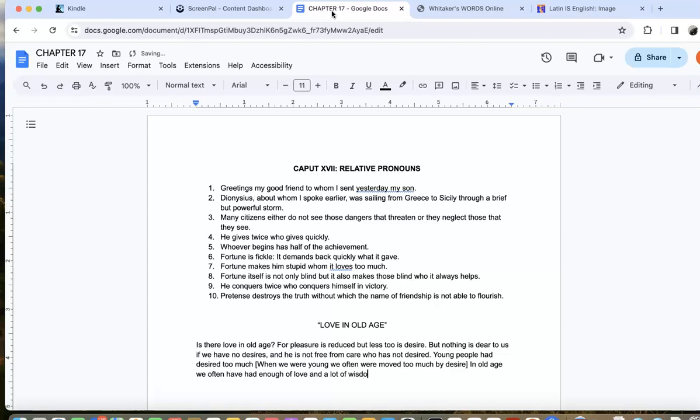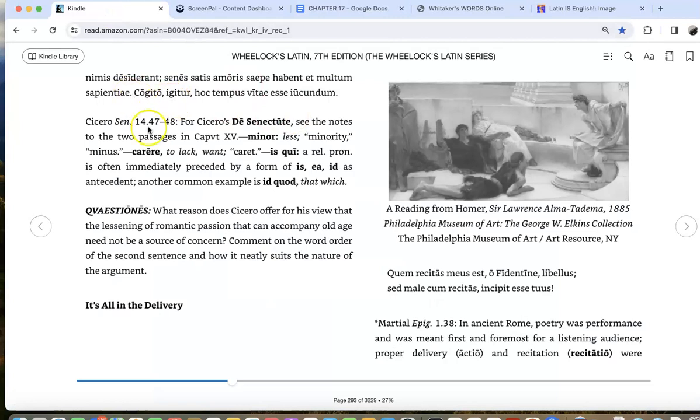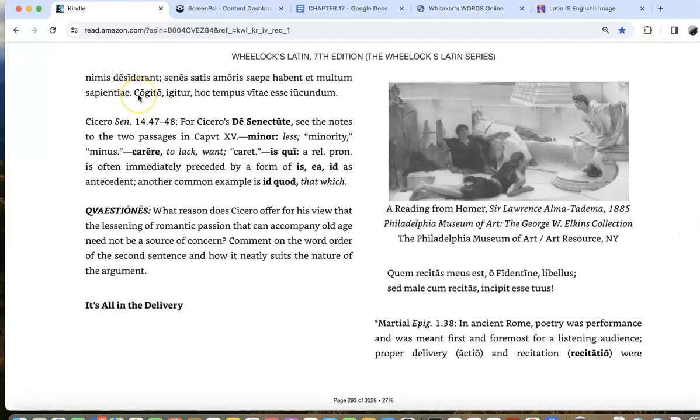One of the challenges with this particular excerpt is that it is abridged from the original passage, which takes out a lot of words, so it's a little bit choppy in my view.